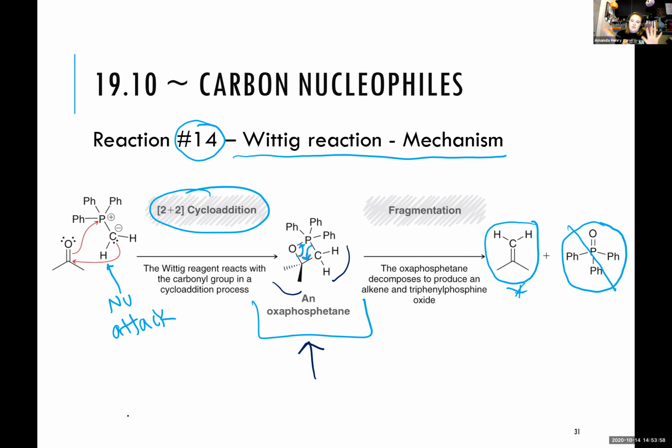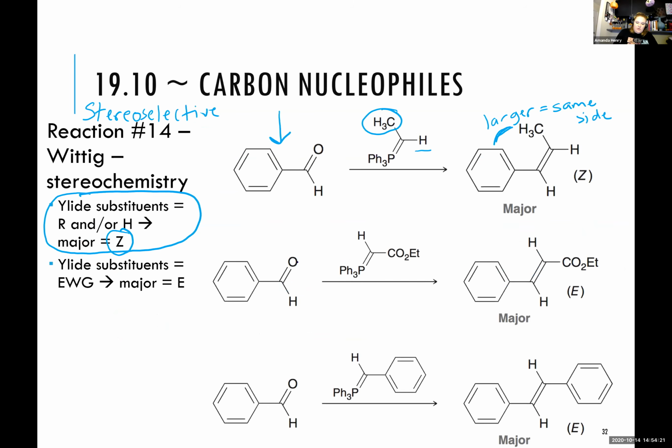But then as those bonds rotate into place to give us that alkene bond, this substituent and this substituent, right now they're as far away from each other as they can be, but as that rotates around to form that double bond, now the big groups will actually be on the same side. So the reason for this is sterics in the transition state, well, how about we put this? Sterics in the mechanism.